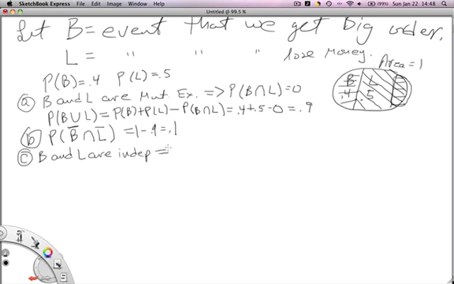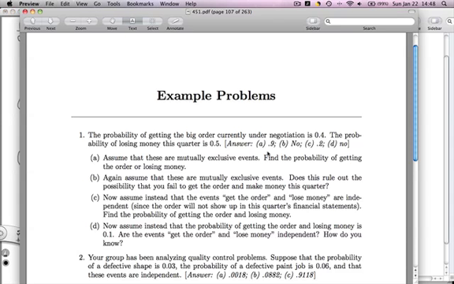Remember there are three different implications of this. One implication is that the probability of B and L is the product of the two. So 0.4 times 0.5. So the probability of their intersection is 0.2. That's just an implication of independence.